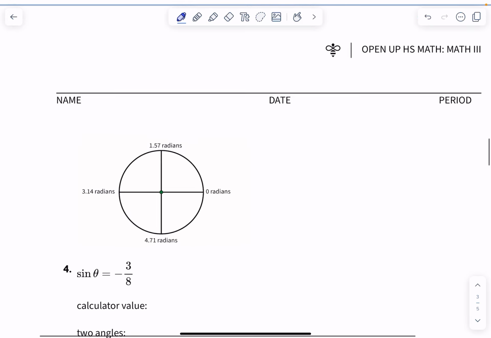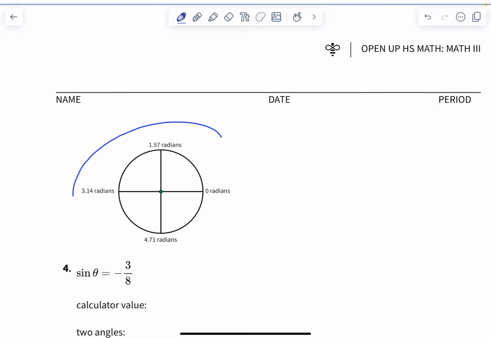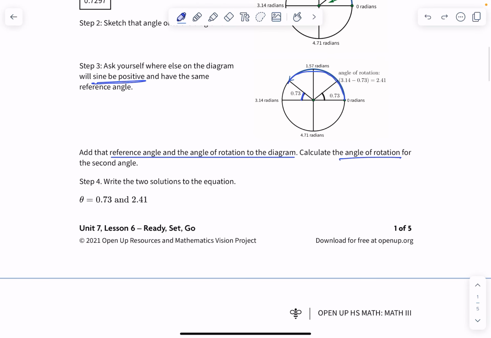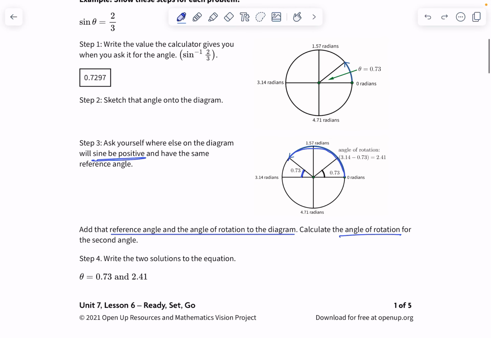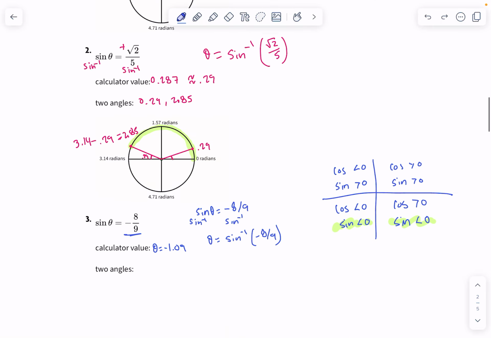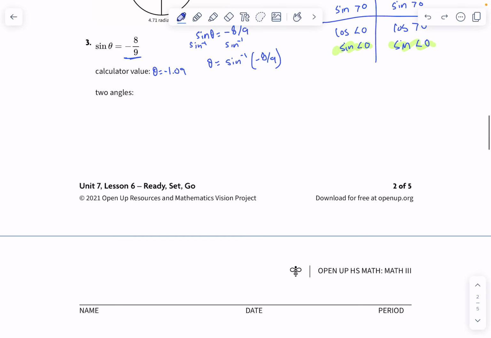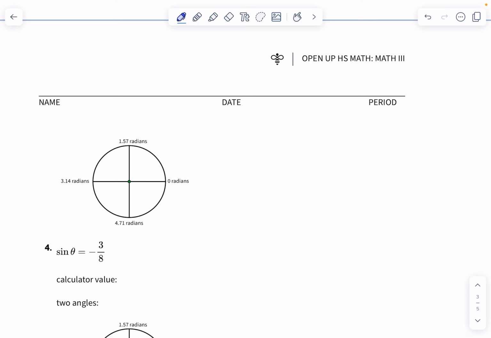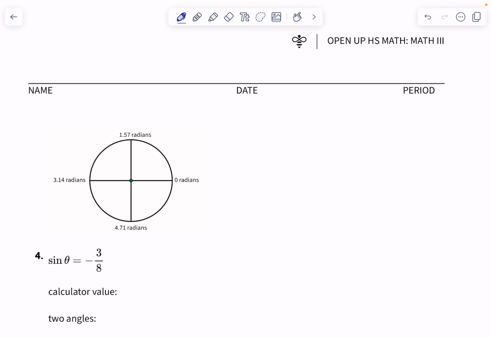Now, I want to find positive angles here, right? For some reason, I don't really want to know the negative ones. So let's ask ourselves where we think that negative 1.09 would be. It would be somewhere here, right? And how do we know that?